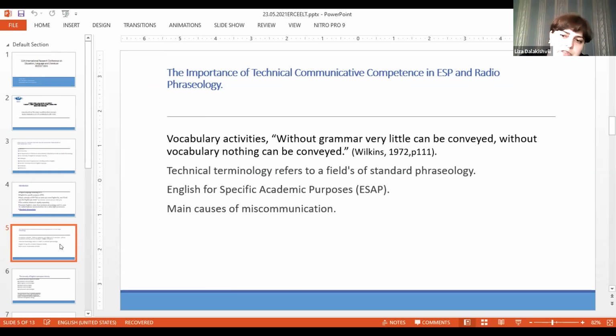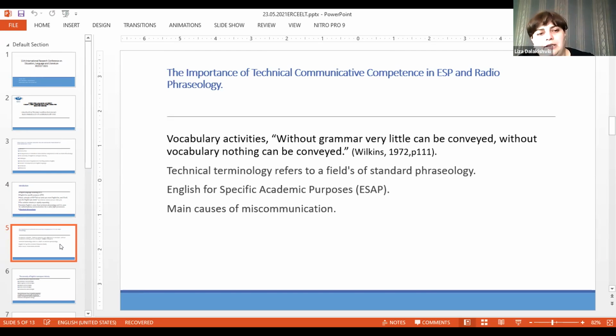In this case, we could pay a little less attention to structure and grammar, but vocabulary is most important. Other skills are also listening, speaking, and pronunciation, which is very important during radio telephony communication. Everything is interconnected.